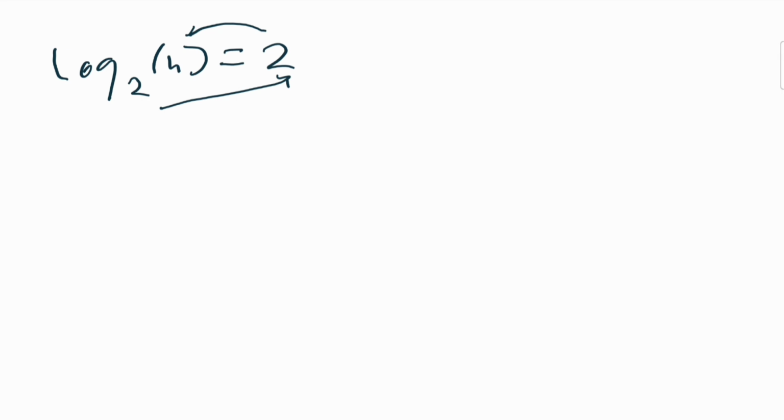Now let's say you get an equation like this: log, and then a base number, let's say 4, of x equals 3. So it's asking, what is 4 to the power of 3.